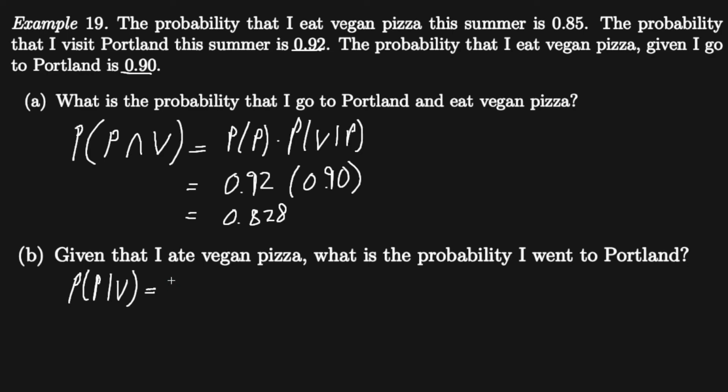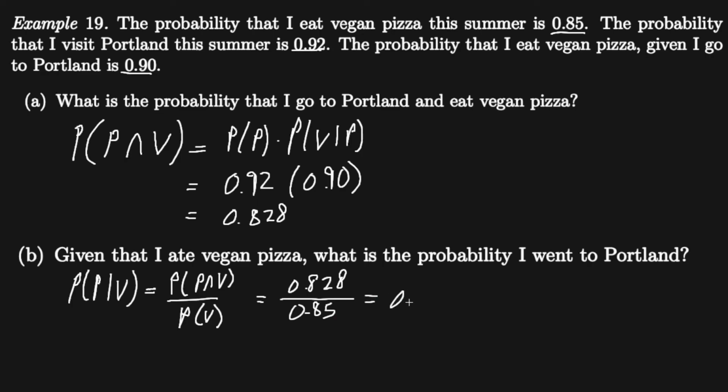It's a conditional probability, so this is equal to P and V all over the probability of V. The above portion is basically part A, which is 0.828, over the probability of vegan, which should be right over here, 0.85, and that is equal to 0.974.